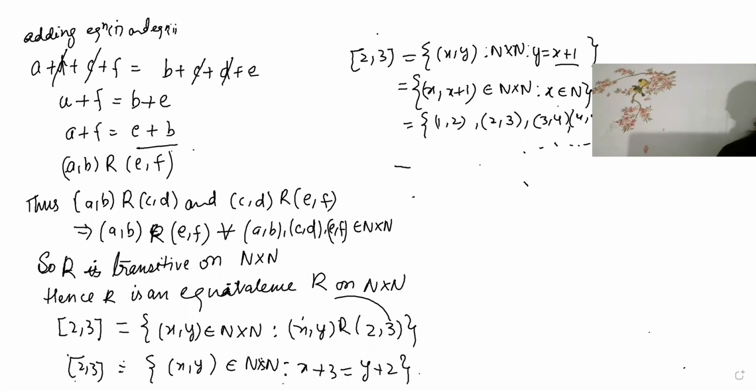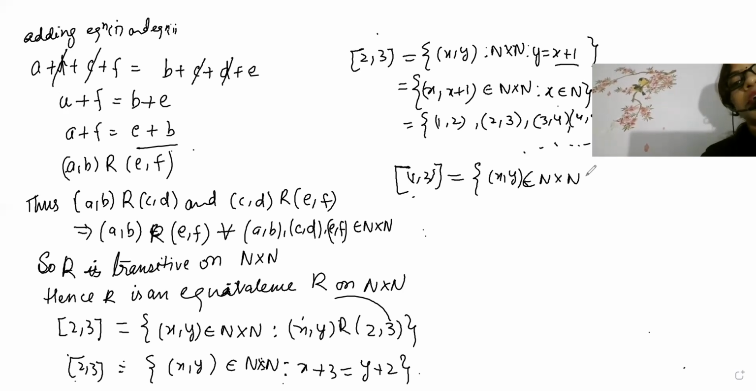The same for the equivalence class of (1, 3) we have to do. For equivalence class (1, 3), same thing we will write. We will say that (x, y) is any element of N cross N such that (x, y) is related to (1, 3).